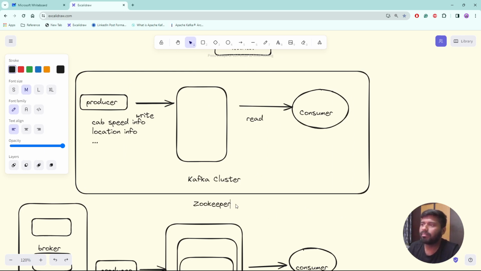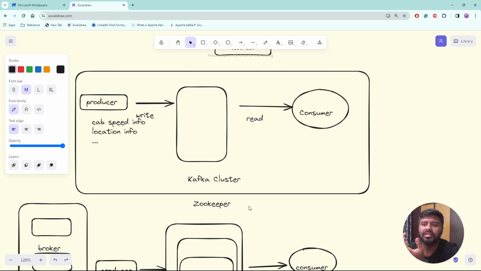Zookeeper's responsibility is to manage the Kafka, manage the broker, and if any failures occur, that is managed by Zookeeper. So we do not have to bother much about how Zookeeper handles it. Going forward, if we implement this, do you need to implement Zookeeper as well? The answer is no, because the Kafka library internally implements Zookeeper as well.